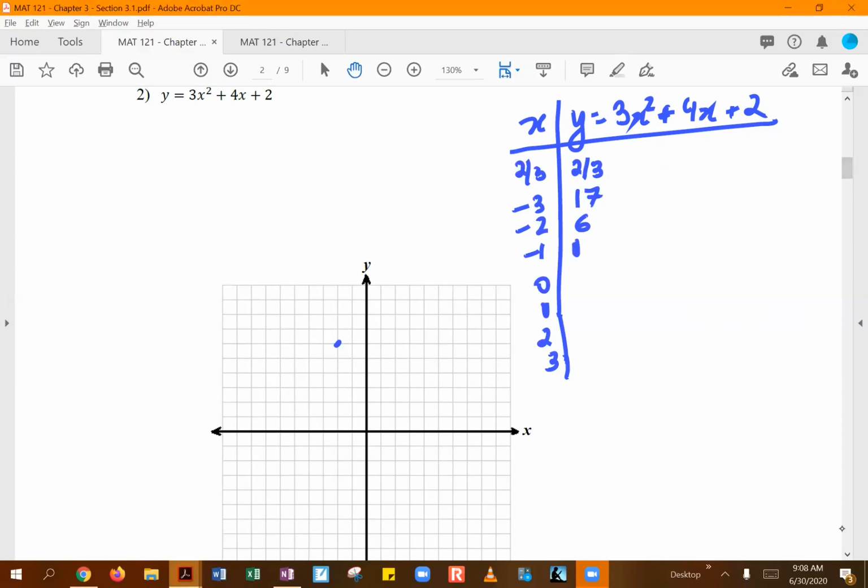Very good. 0, again, if you put 0 in for your x, the 3x squared and the 4x will become 0. So 0 will, of course, give us 2. Now, what will we get for +1? Very nice, Deborah. 9, positive 2.